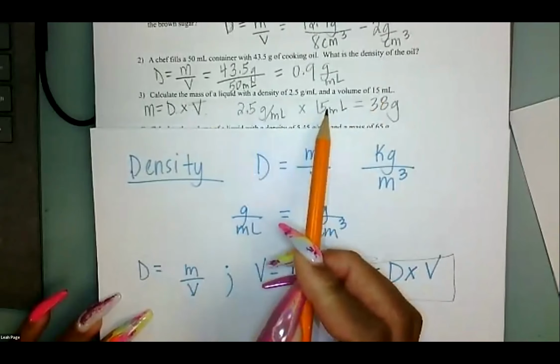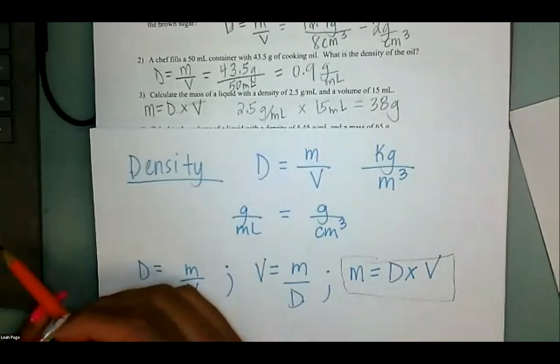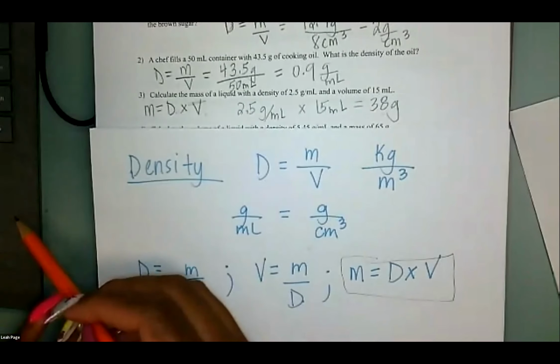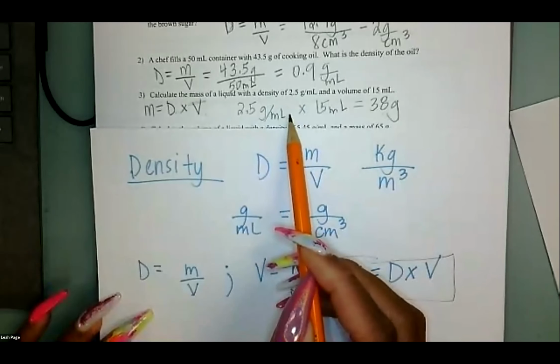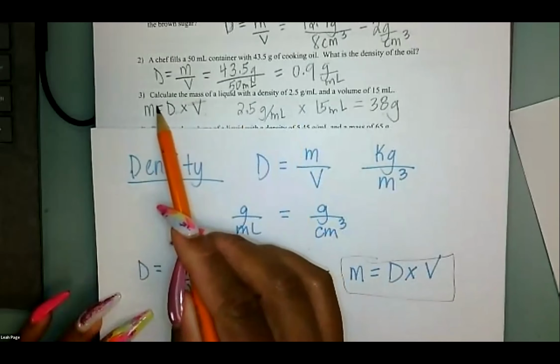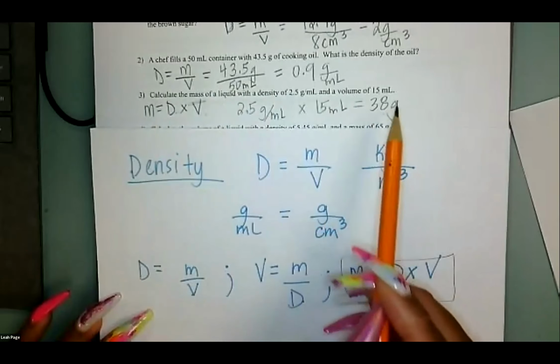This has 2 sig figs, this has 2 sig figs, so my answer should have 2 sig figs. And you said we no longer put the mL at the end because those canceled out. Right, because mL stands for volume. Milliliters is a unit of volume, and we're calculating a unit of mass. So the unit for mass is grams.